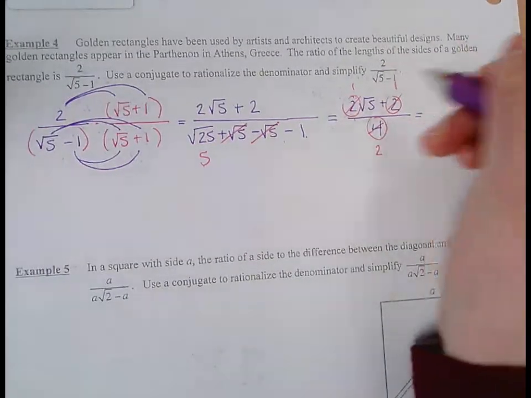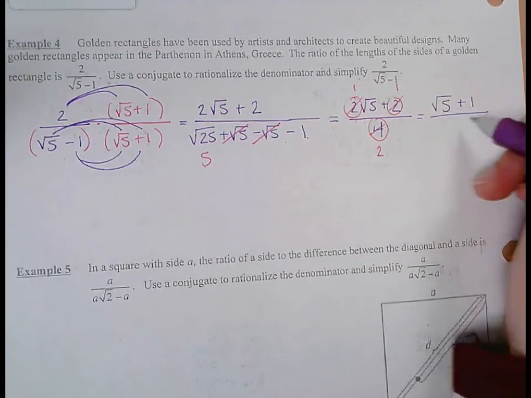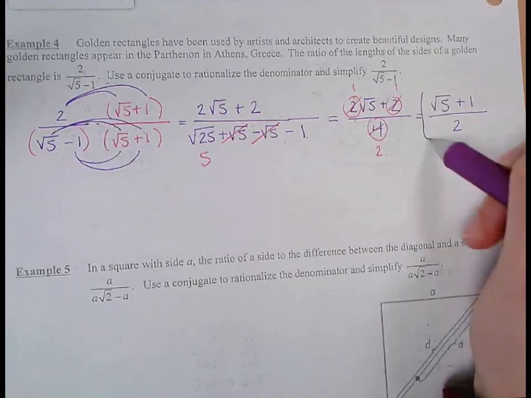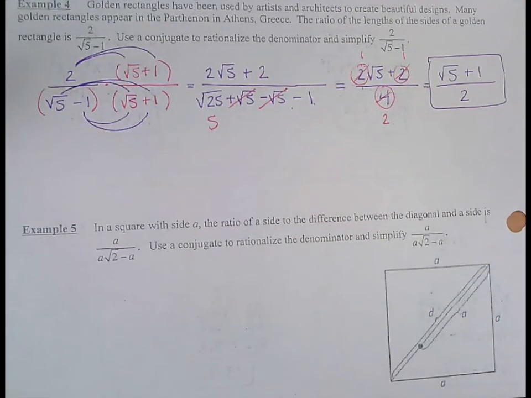So simplified, this number is the square root of 5 plus 1 over 2. Okay, any questions on that? So multiplying by the conjugate and then simplifying using processes we've used.